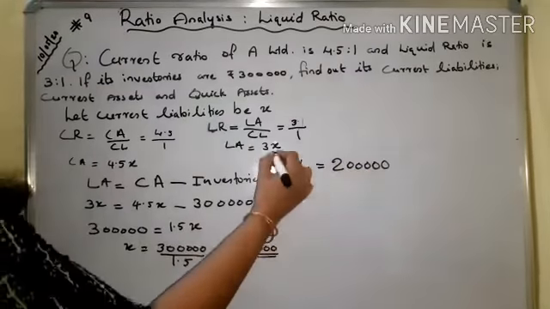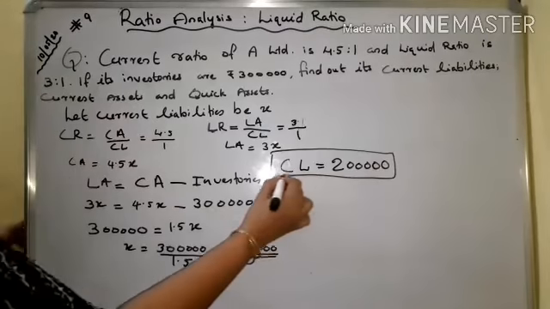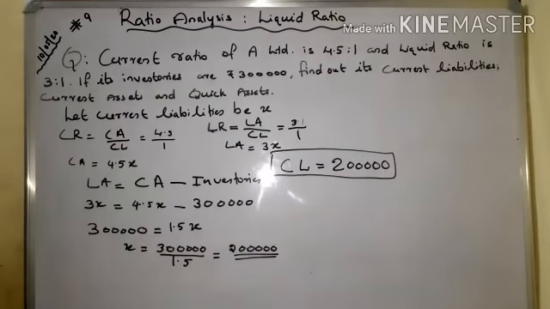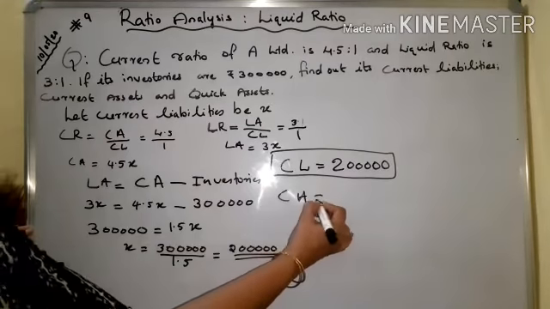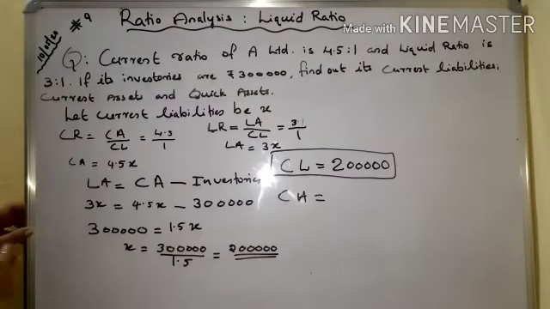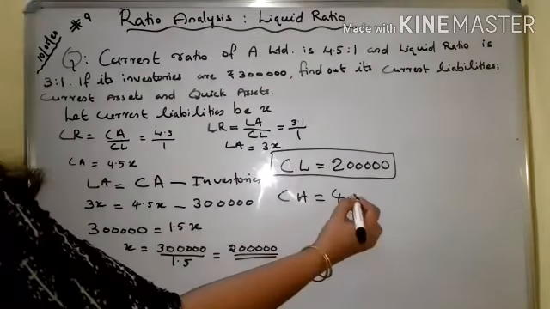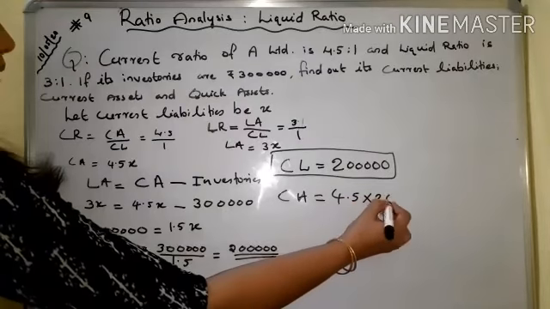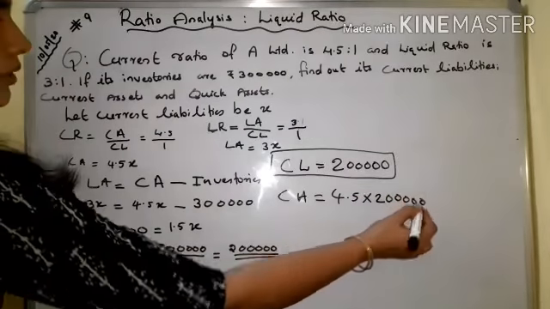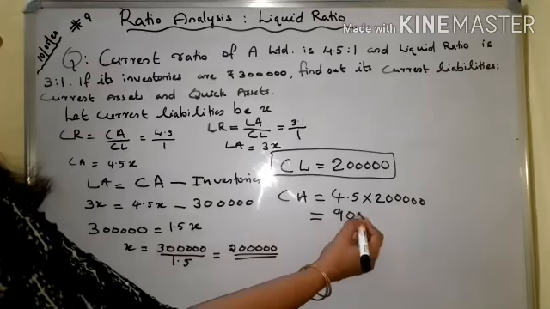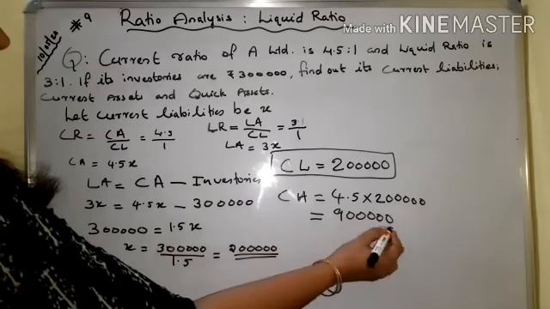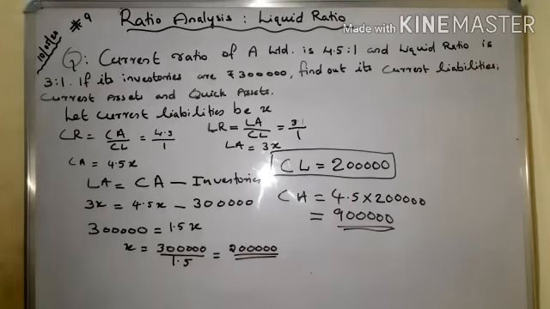Then if current liabilities is 2 lakhs, you put that X value in any equation and you will get the current assets. Current assets is equal to 4.5x, that is 4.5 into 2 lakhs, which means 9 lakhs. Current liabilities 2 lakhs, current assets 9 lakhs.